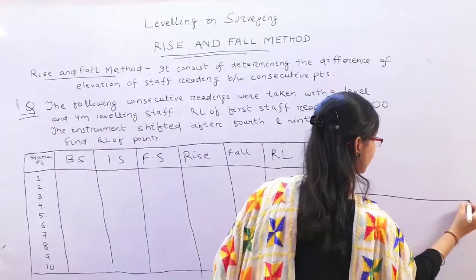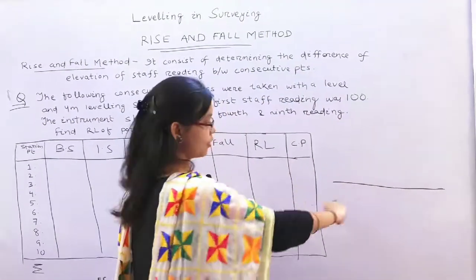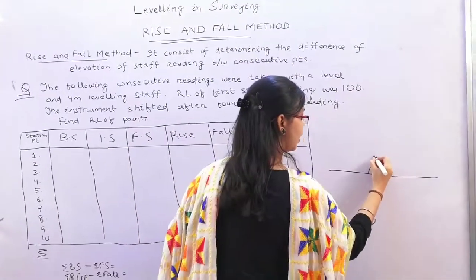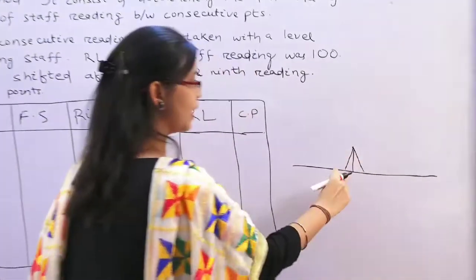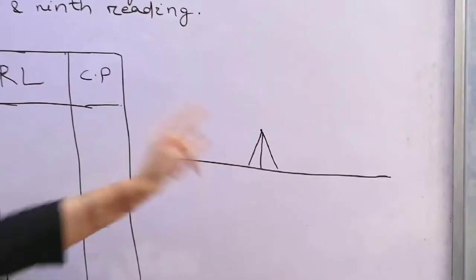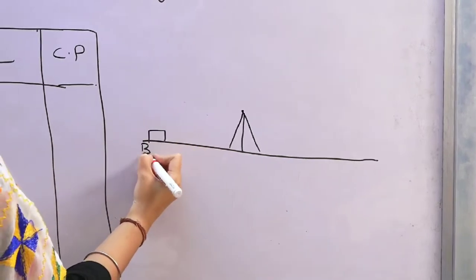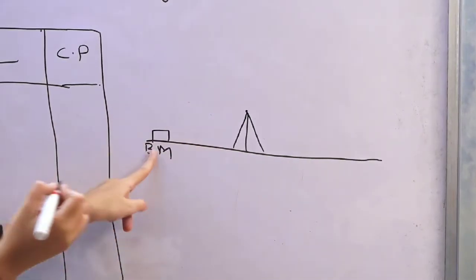See, this is a datum line or the surface level. Now here I kept a leveling instrument, a dumpy level, and here is the benchmark, meaning a known reduced level.